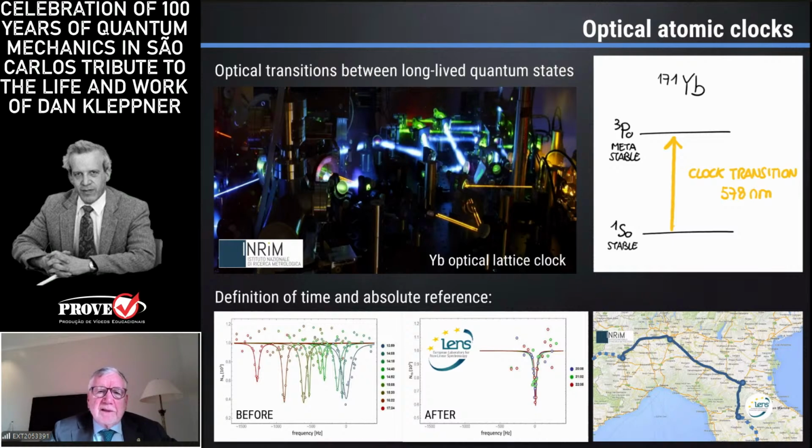This is a transition in yellow, and the importance is that you can connect, for instance, the LENS laboratory to the metrology institute that we have in Torino, and then you can have essentially a clock at home simply because of a fiber connection.